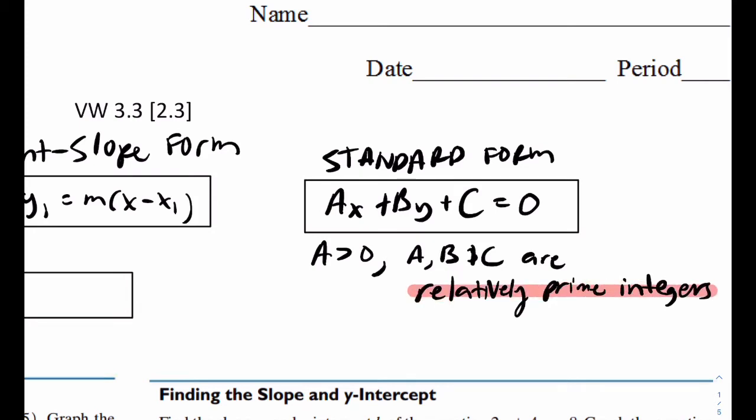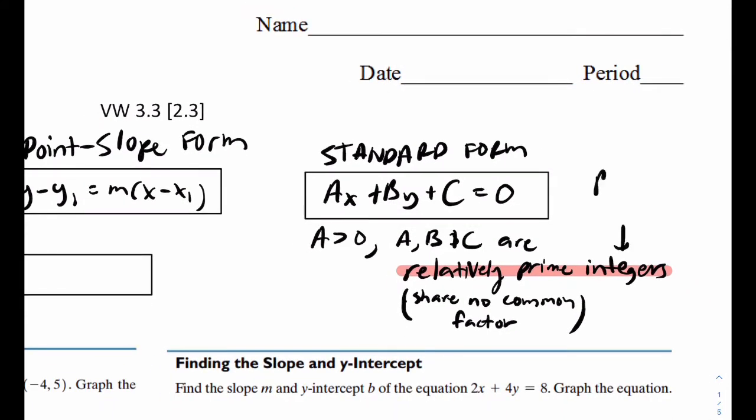What that means is that a, b, and c are simplified as far as possible or share no common factor. And of course, integers are positive or negative whole numbers.